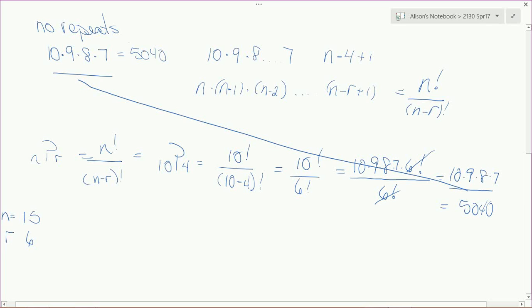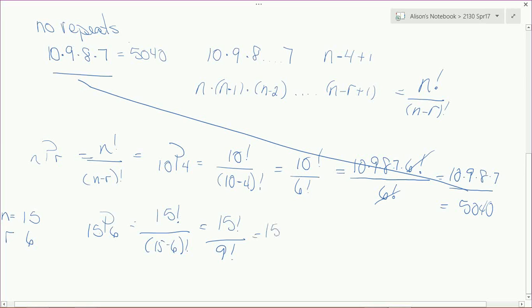If the first owner picks the only Chihuahua, then that Chihuahua is removed from the population, and the second homeowner can't choose it, which means that we cannot have repeating elements. So I'm going to have 15 permutations of 6. This is going to give me 15 factorial divided by 15 minus 6 factorial. This is going to give me 15 factorial divided by 9 factorial.